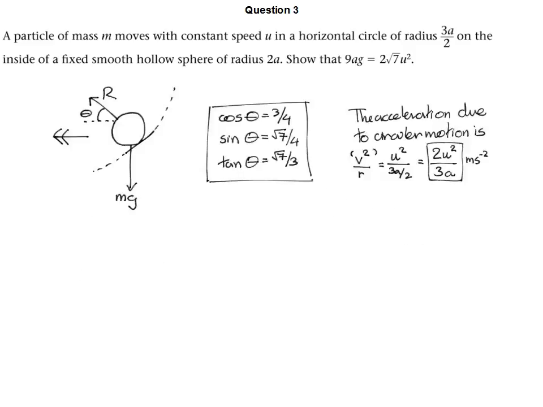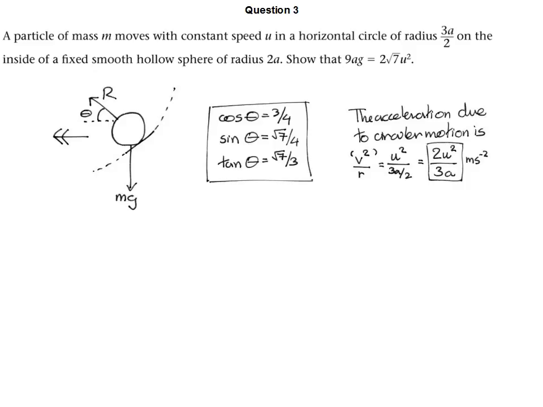We've only got, as I said, two forces. We've got mg vertically downwards, and we've got the normal reaction at a certain angle. And we've already worked out what the cosine, the sine, and the tangent of that angle are. The other thing to add to the diagram is the acceleration due to circular motion.